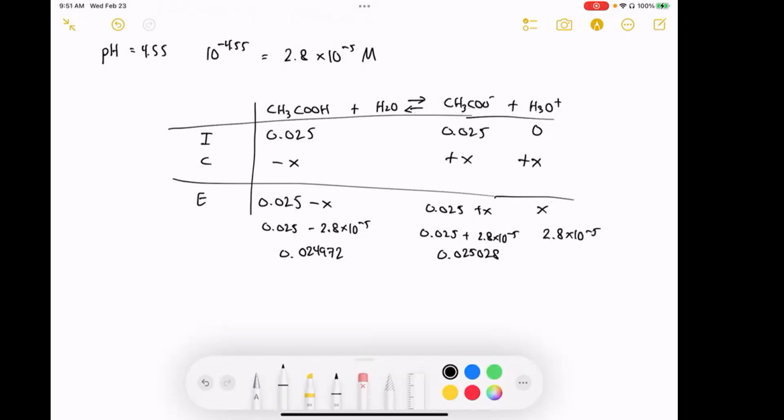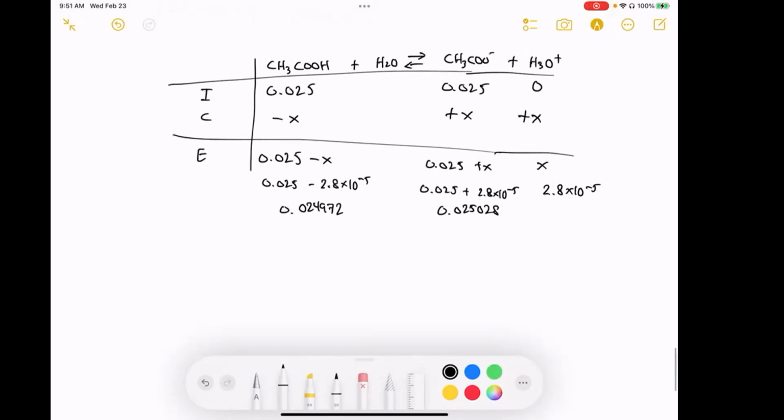So that will be our equilibrium concentration. See how they're still pretty much the same. So if I were to calculate the Ka again, it will still roughly be the same.